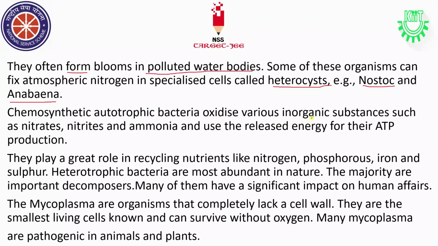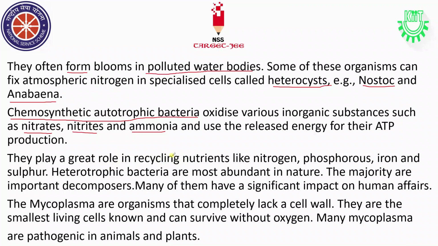Chemosynthetic autotrophic bacteria oxidize various inorganic substances such as nitrates, nitrites, and ammonia and use the energy for their ATP production. केमोसिंथेटिक ऑटोट्रॉफिक बैक्टीरिया जो होते हैं वो ऑक्सीडाइज करते हैं inorganic substances like nitrates, nitrites and ammonia and use this energy for their ATP production.